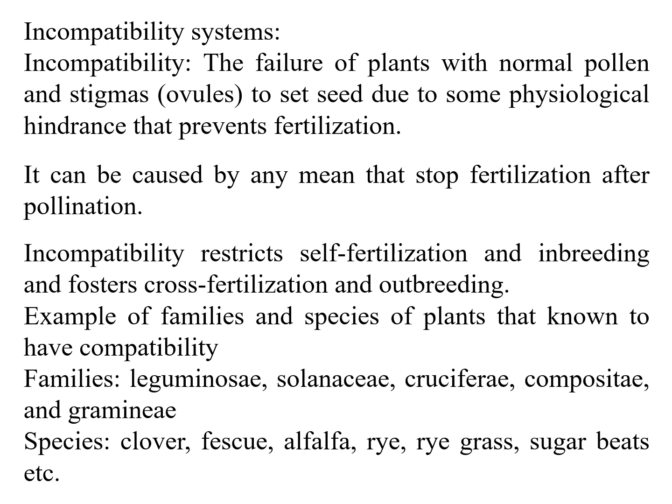There are many families, or many species, that have this type of incompatibility, like Leguminosae, Solanaceae, Cruciferae, Compositae or Gramineae. Many species are known for that, like alfalfa, ryegrass, sugar beet, clover, etc. So this phenomenon is there.